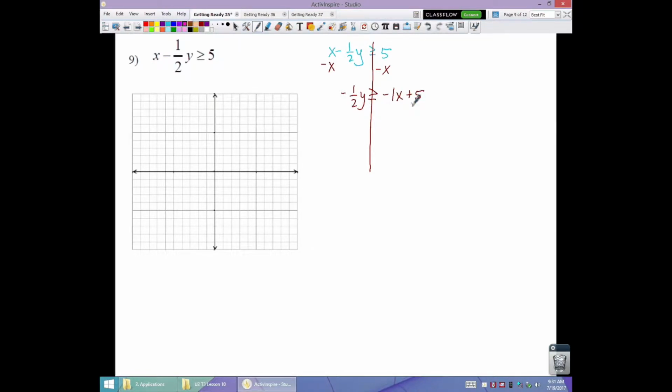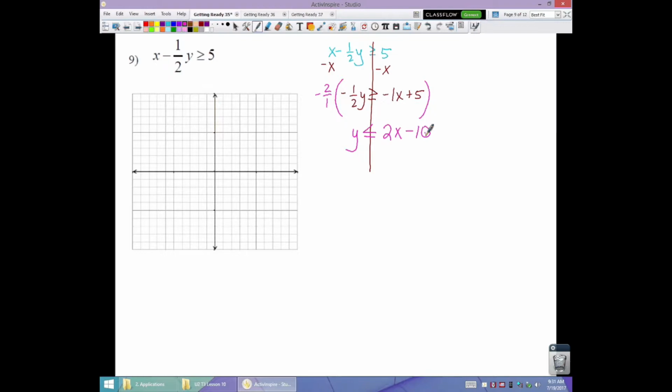So I need to do that to every term. So I usually just write that like I am writing a distributive property problem. Put parentheses around the entire inequality and distribute the negative 2 to everything. So negative 2 times negative 1/2 is positive y. I am multiplying by a negative, so I need to change my symbol. My greater than or equal becomes less than or equal. Negative 2 times negative 1 is positive 2x, and negative 2 times 5 is negative 10.